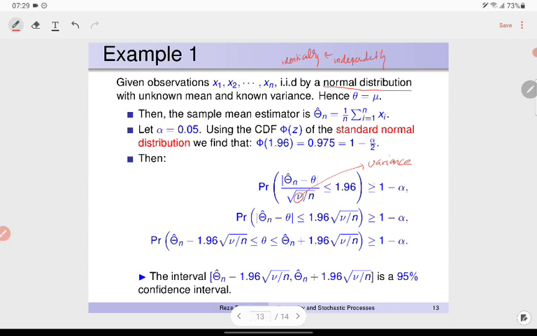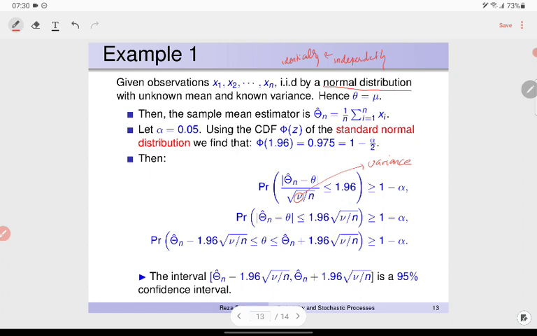So how do we deal with this? Well, we take out the denominator. So the probability of the absolute value of theta hat n minus theta being less or equal to 1.96 multiplied by the square root of nu divided by n will be more or equal to 1 minus alpha.